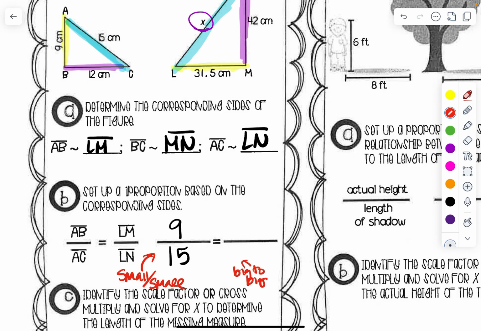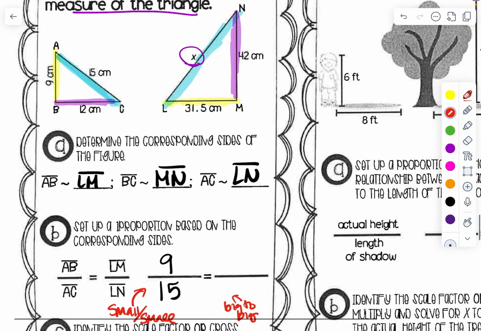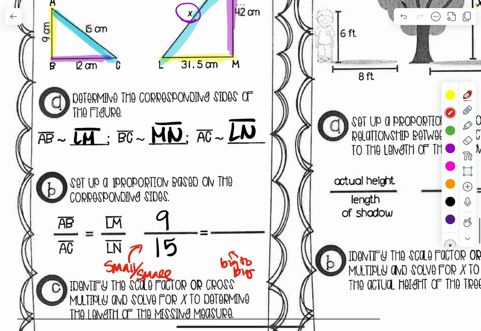If they did small to big, I'd have to do small to big on the other side. But they did AB to AC. So then I'm going to do LM, which is 31.5, to LN, which is X.